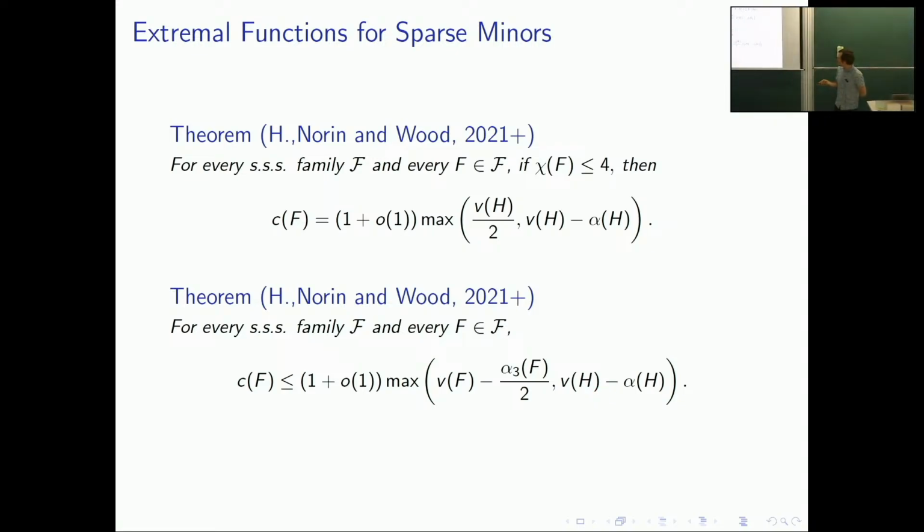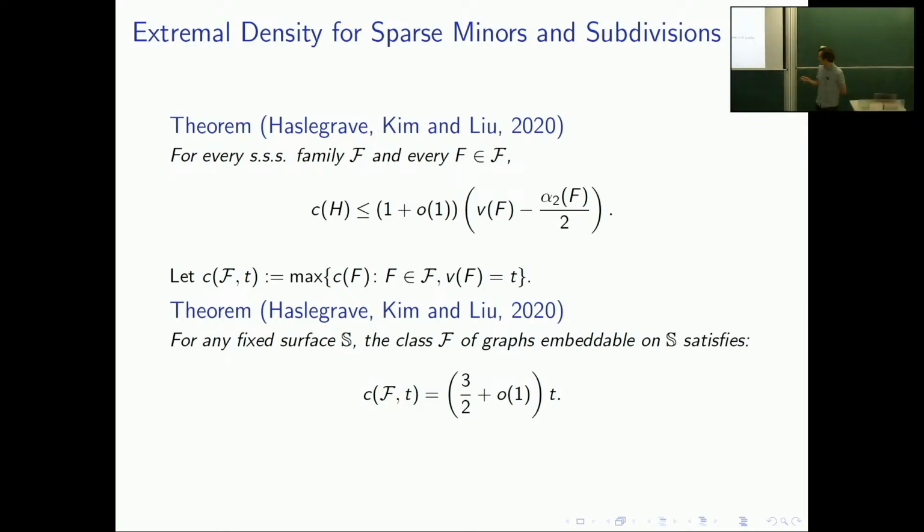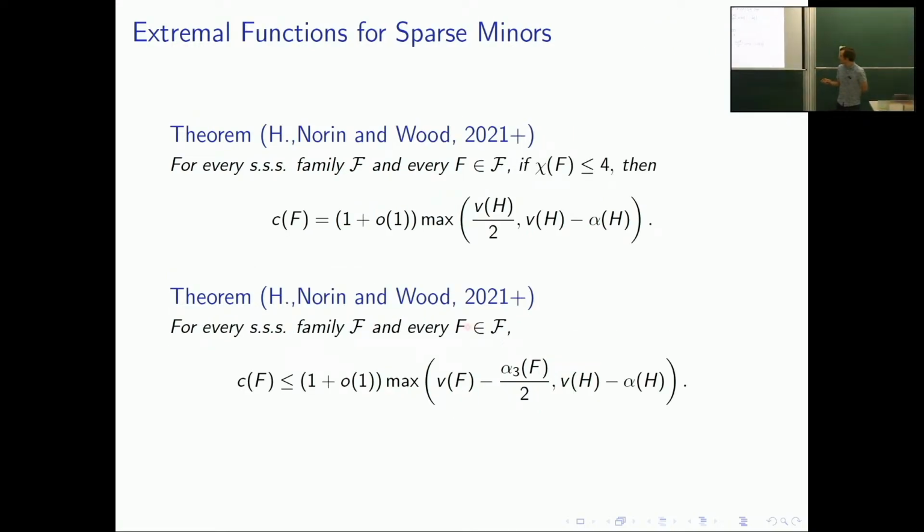So if we compare this to the previous result, this is a very slight improvement on this here. So we basically replace alpha 2 with alpha 3, but then when you do that replacement, you also need to consider that this term may now be bigger.